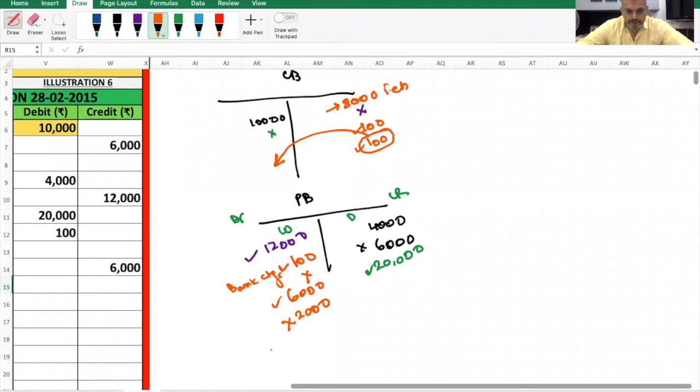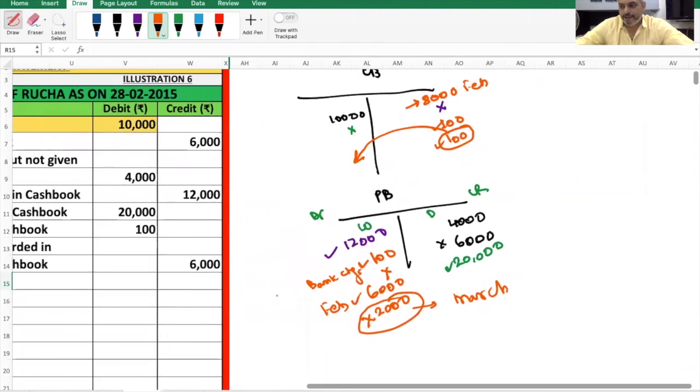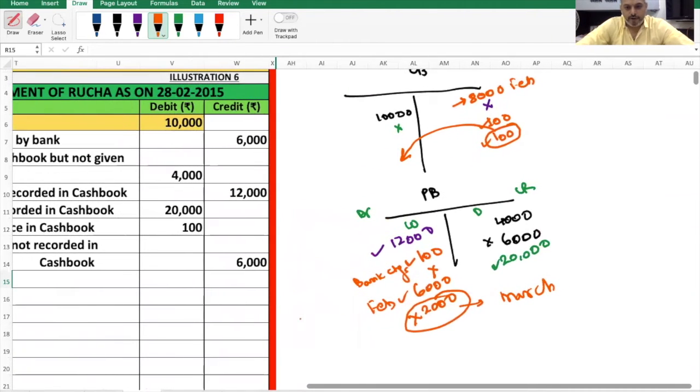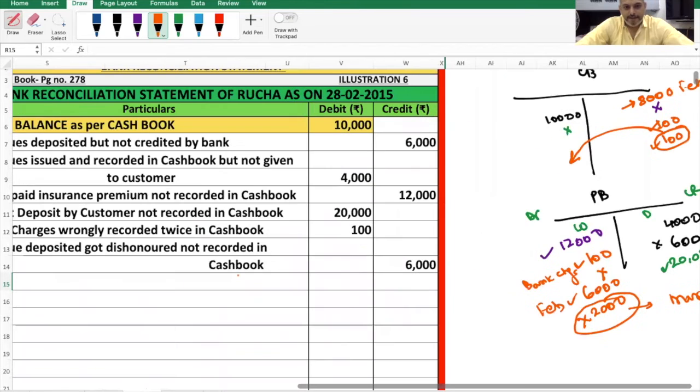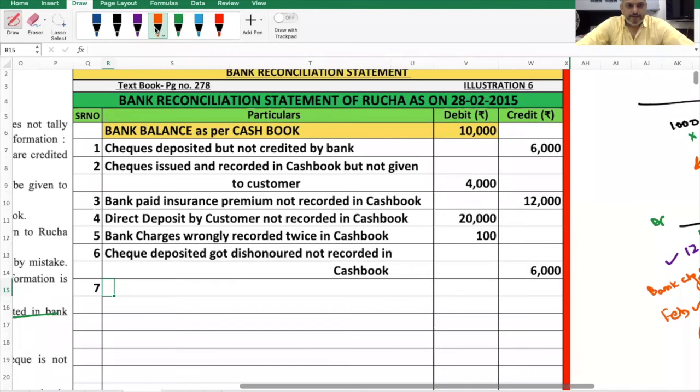So out of this, 6,000 got presented, but 2,000 were presented in March. So 2,000 is not yet recorded in the passbook on the debit side as on 28th February. So we have to record it in the bank reconciliation statement.